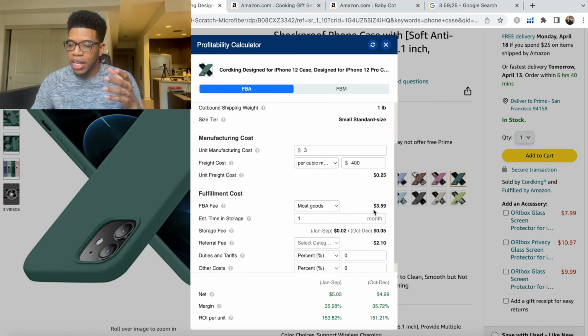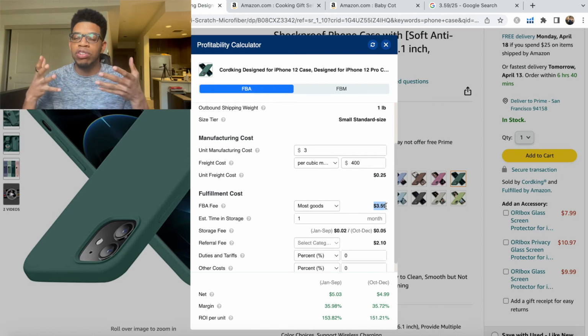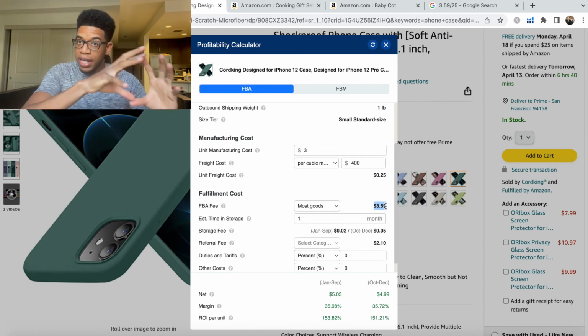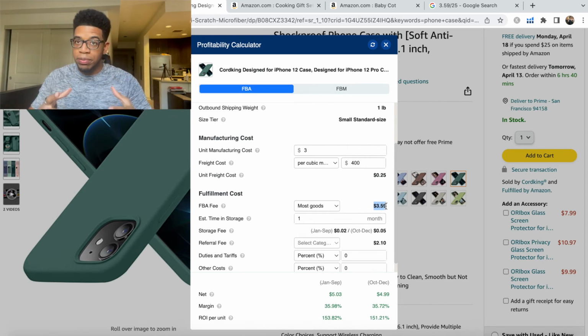We can easily enter that in, and we can see that the FBA fees changed from $2.92 to $3.59. So it rose 60 cents just by changing the weight and the dimensions, which is to be expected, because the FBA fees, meaning when Amazon sends the product out via UPS, are going to be more expensive because, once again, the item is heavier and bigger.